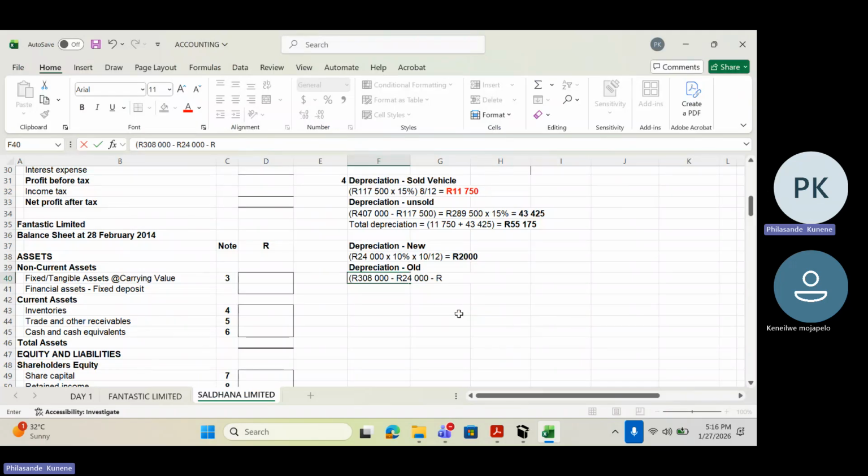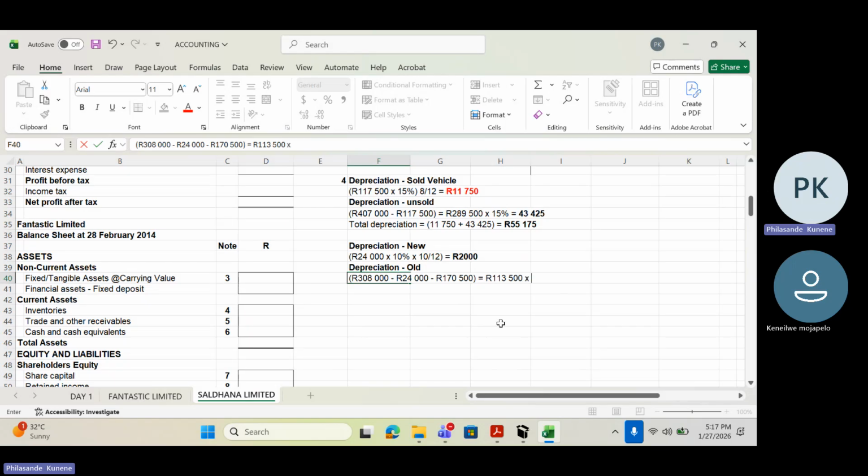Am I right? And then how much are we going to get? 113,500. Yes, 113,500.